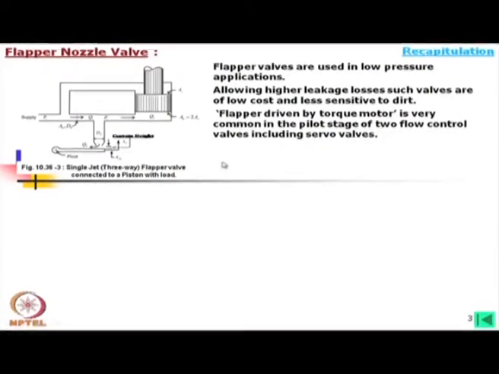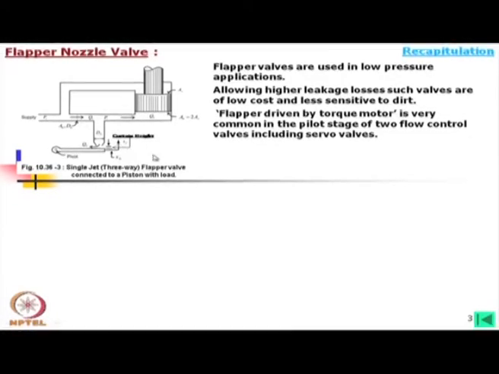Now, in that case, what we look into is comparable with a 3-way spool valve, the single flapper jet application of the 3-way spool valve mechanism.